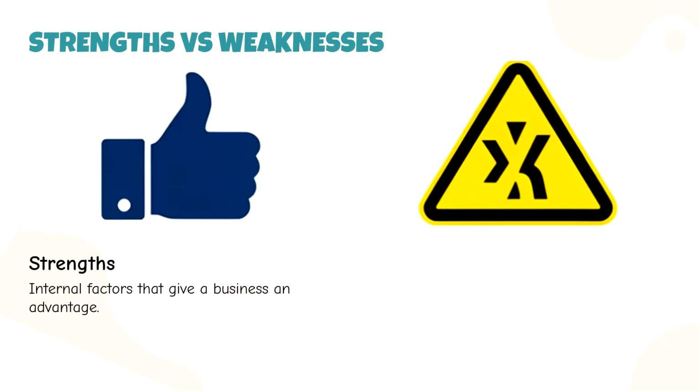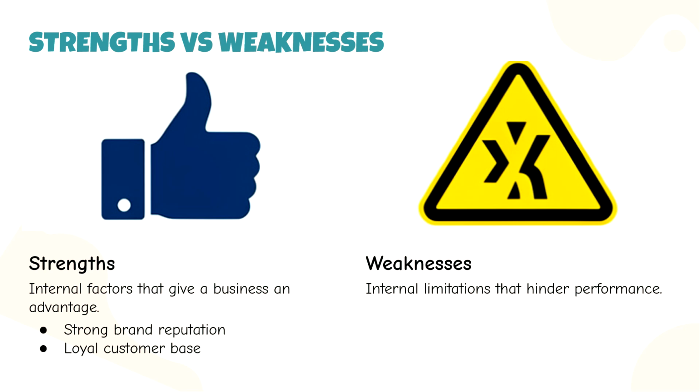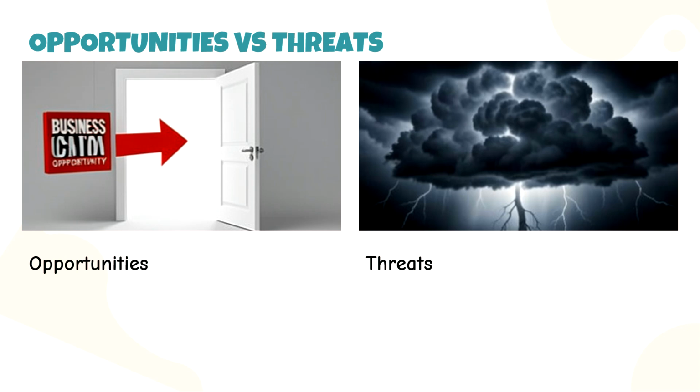Now, what are some strengths? Strengths are internal factors that give a business an advantage. Like we mentioned before, it could be a strong brand reputation or a loyal customer base. A weakness is an internal limitation that affects a business's performance. It could be the business running low on cash or using really out-of-date technology.